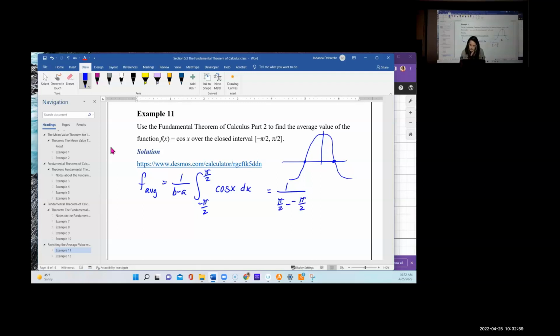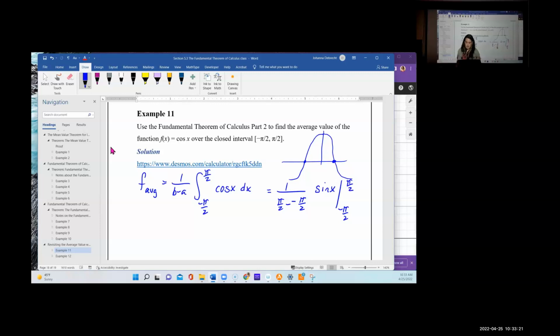And what is the antiderivative function of cosine? I took the derivative of something and got cosine. So to undo it, I get backwards to the original, which was sine. So this is going to be multiplied by sine of x, which has to be evaluated between negative pi over 2 and pi over 2.